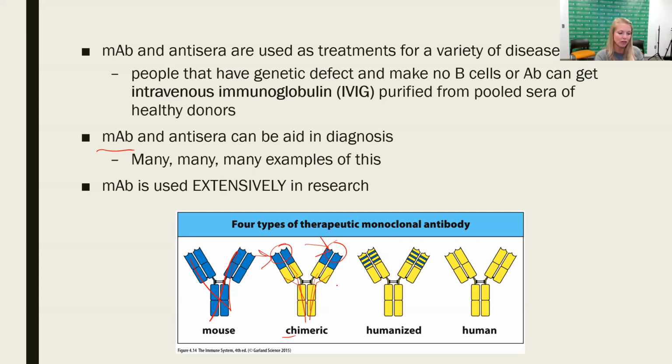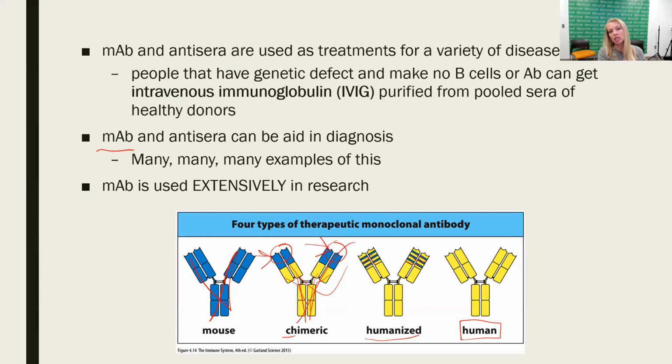So then those didn't work very much. Now we pretty much have humanized or fully human bioengineered antibodies. In the humanized, there are just a few mouse genes to make the variable region, and the human one is fully engineered human genes. And so those two forms really reduce the chances that allergies are going to come about, or we're going to build up an immunity against them.